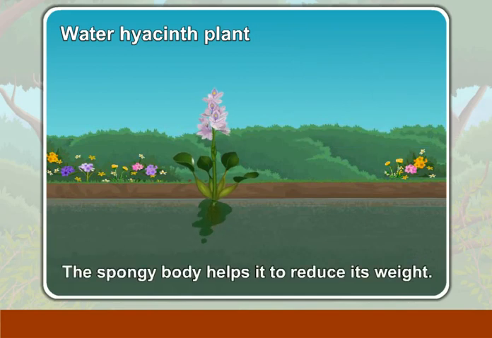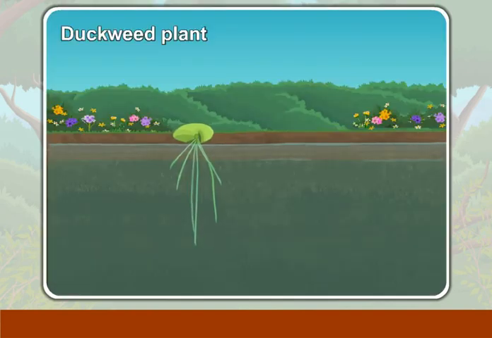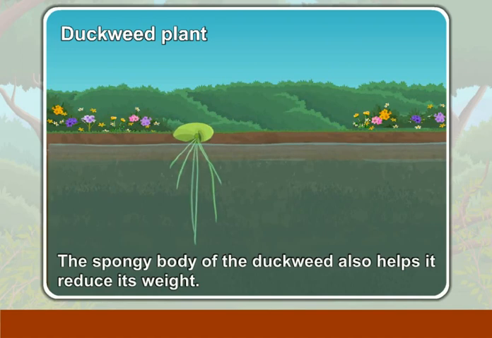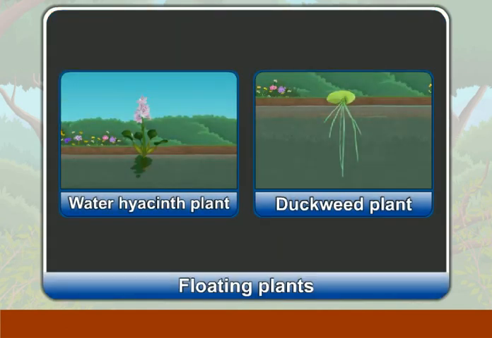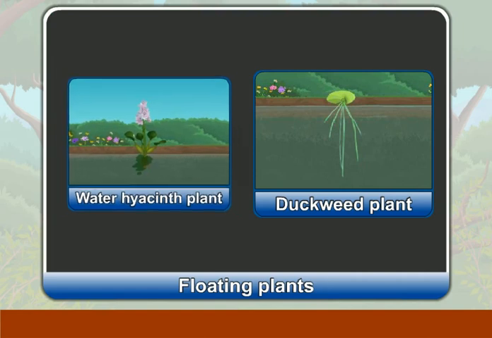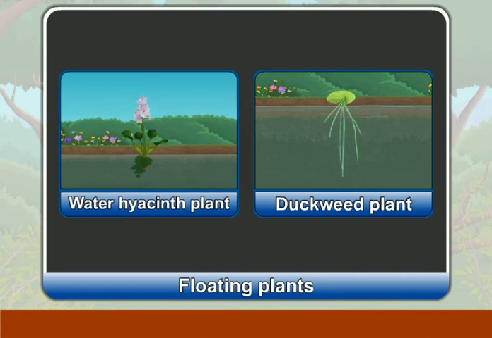The spongy body helps it to reduce its weight. A duckweed too has spongy body. The spongy body of the duckweed also helps it reduce its weight. So, floating plants like a water hyacinth and the duckweed have spongy body to reduce their weights.